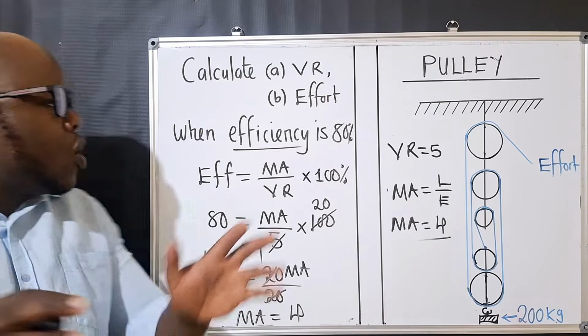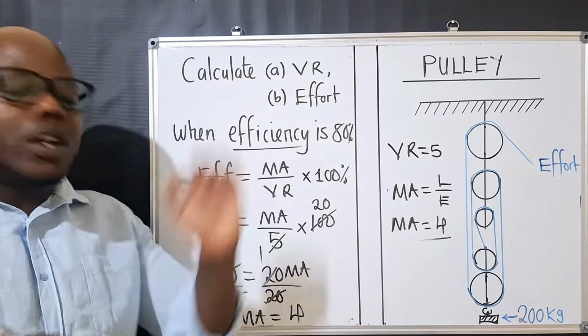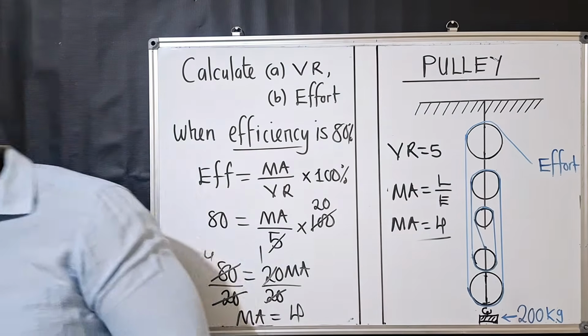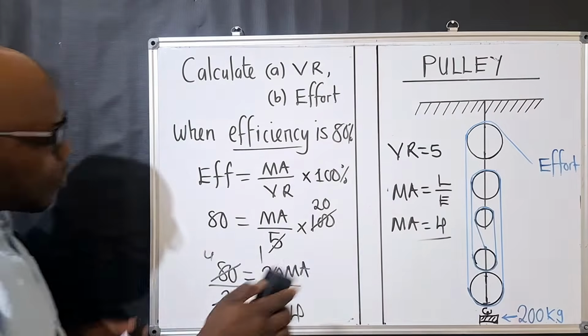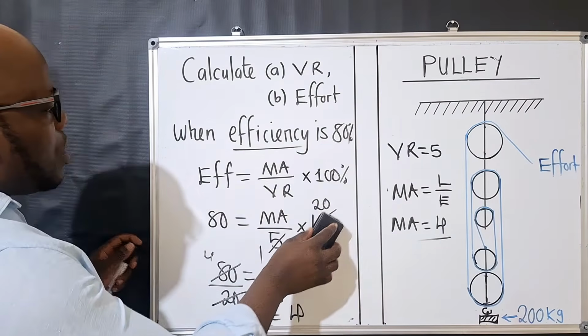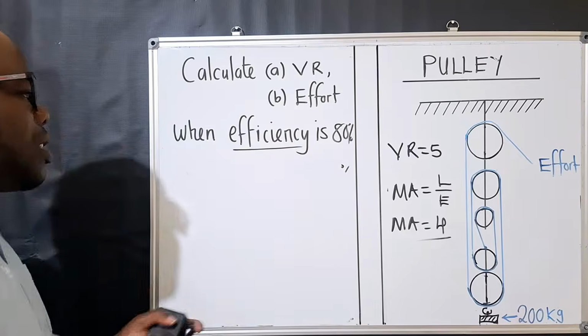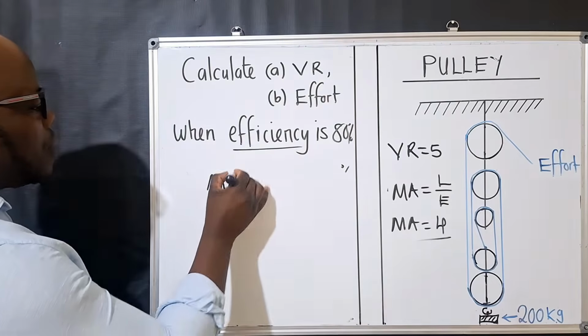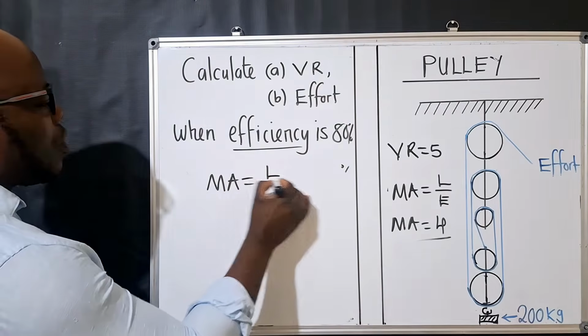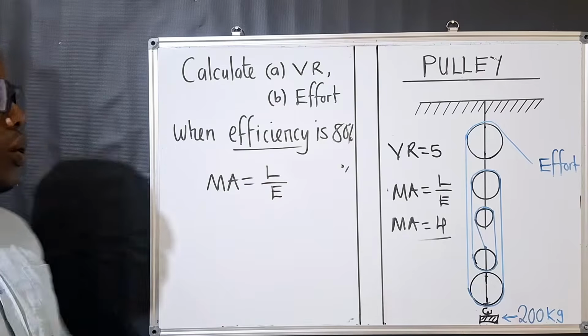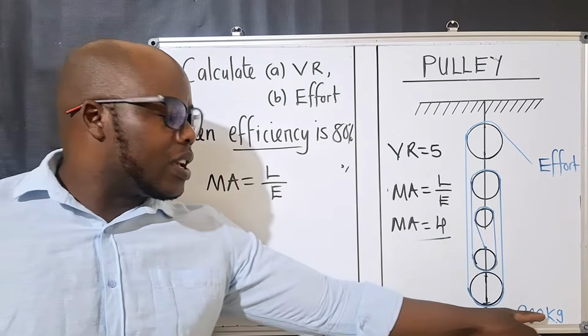The question here wants us to calculate effort. So the next thing we're going to do, in order to calculate effort, will be to use the formula for mechanical advantage. Mechanical advantage is equal to load over effort. You can see what we've been given here. It's in kgs.